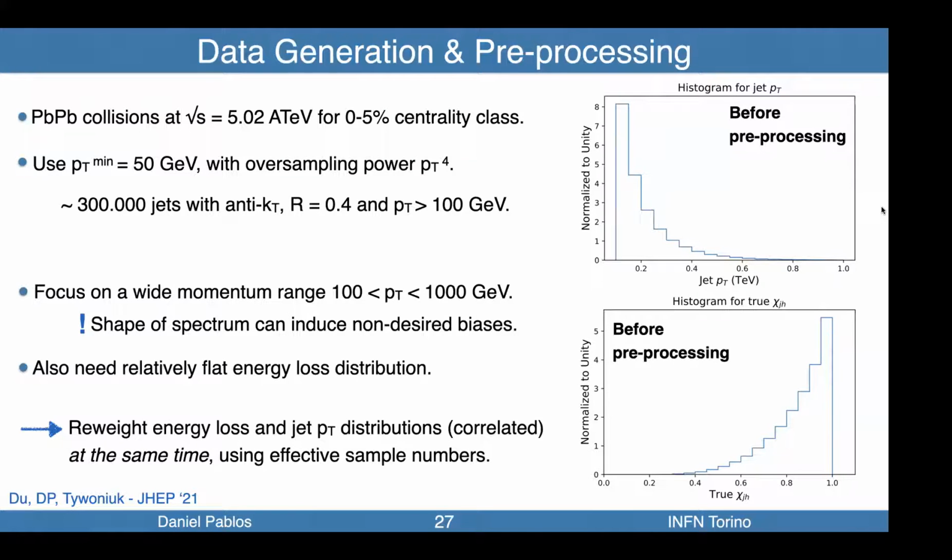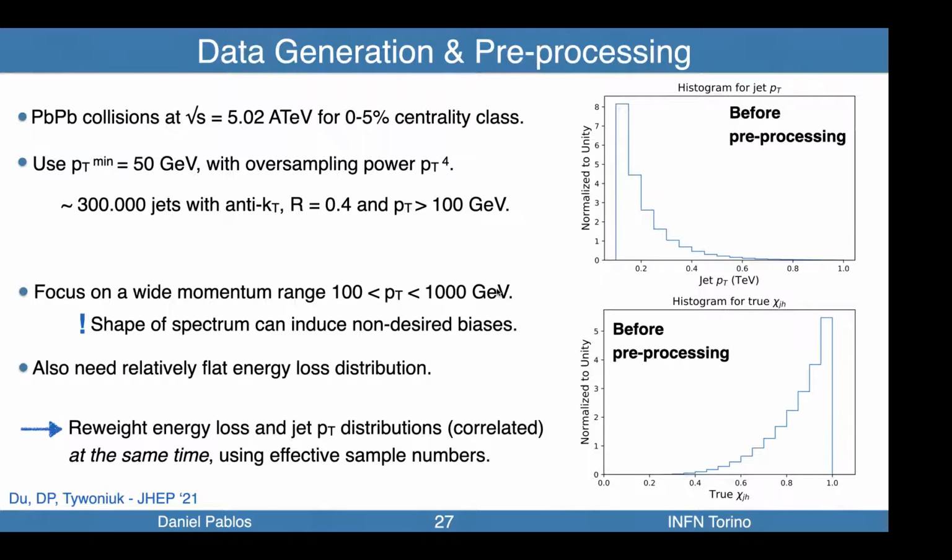Here we want to pre-process the data not to obtain any biases in the way that the algorithm tries to minimize the loss. If you have a steeply falling spectrum, since we want to cover a wide pT range, we want to have a distribution that is as flat as possible in the jet pT, not to give any preference to any specific pT.